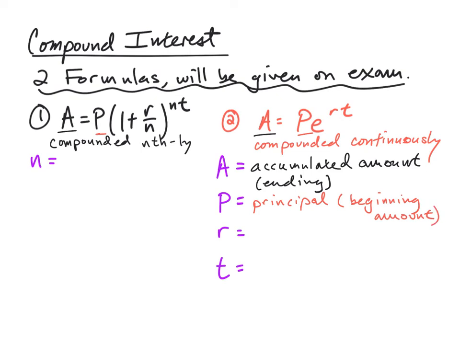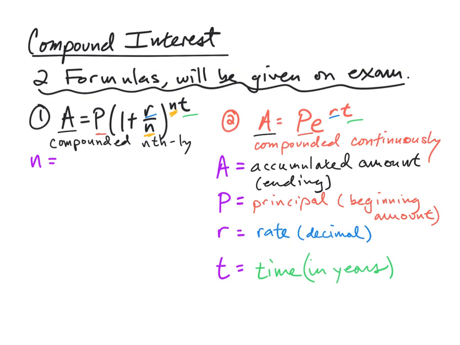R is in both. It's in the top of this fraction, and here it's in the exponent. That is the rate, and we need it to be a decimal. T is in both equations. That is time in years, and that just leaves n, and n is only in this formula here.